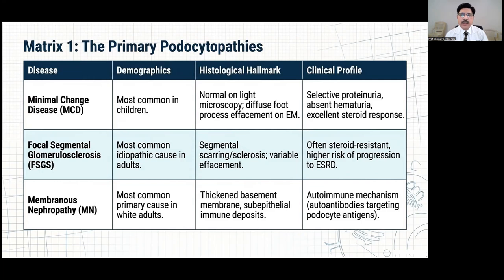Clinical presentation: minimal change disease, selective proteinuria, absence of hematuria, excellent steroid response, mostly in children. Focal segmental glomerular sclerosis, often steroid resistance, high risk for progression to end-stage renal disease. Membranous nephropathy, autoimmune mechanisms are involved, with autoantibodies targeting the podocyte antigens.